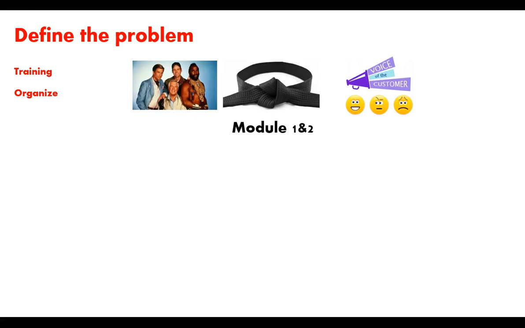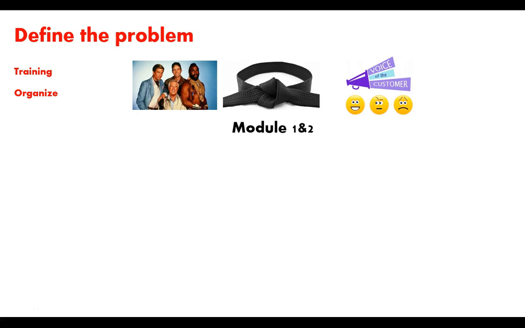Again, that includes your cross-functional team, the roles and goals of each of the team members, such as the black belt, the green belt, all of the people in it, as well as understanding what the voice of the customer is.